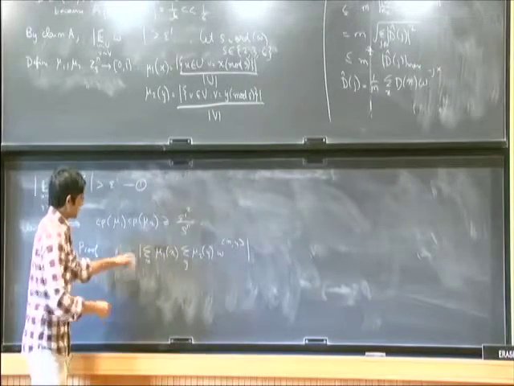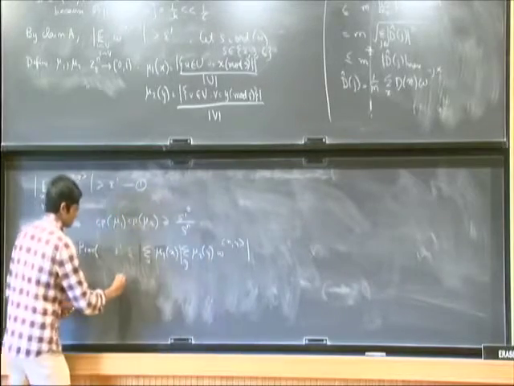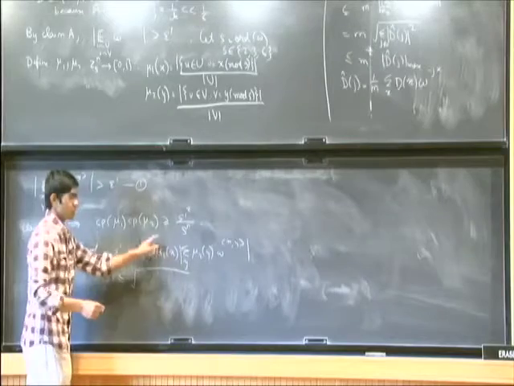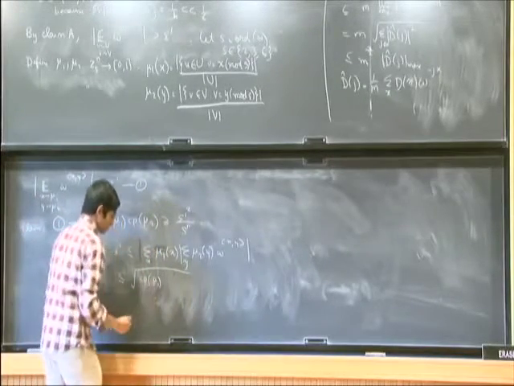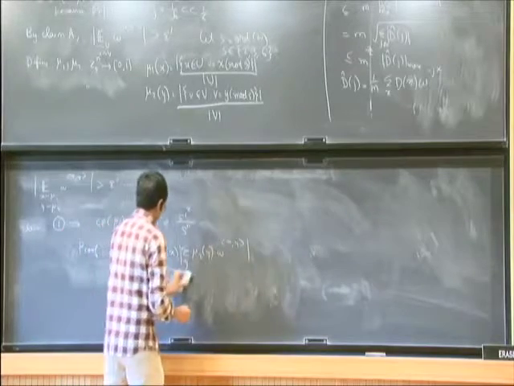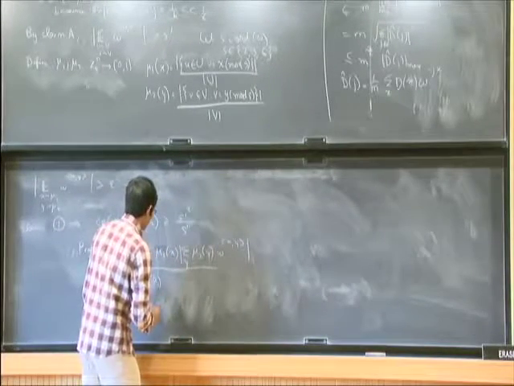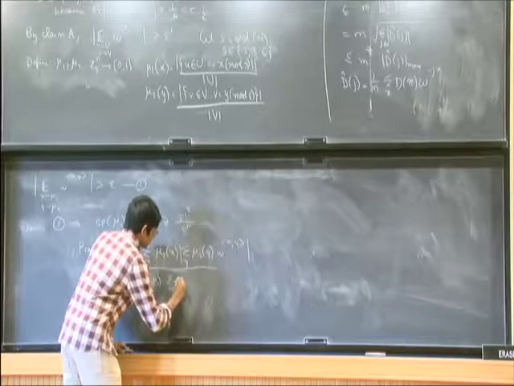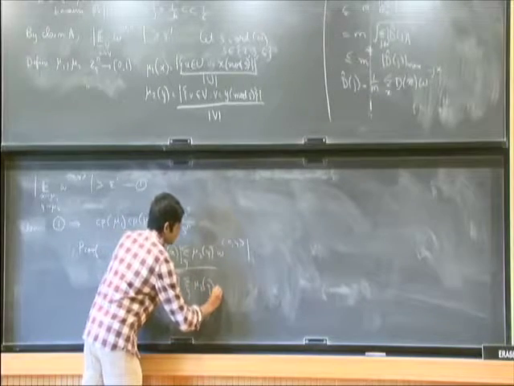Now I'll push the absolute value inside by the triangle inequality, and now I'll do a Cauchy-Schwarz, and here I'll get collision probability of mu1, and what do I get here? I get summation over x, and then y of mu2 y.